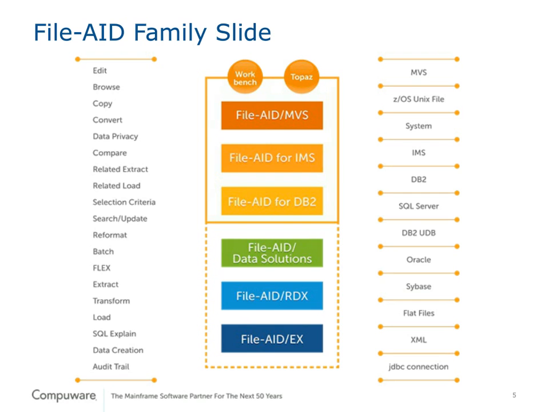Each of our products is really designed to act on specific data types. The first three in the list, File-AID MVS, File-AID for DB2, and File-AID for IMS, really provide the data manipulation functions. File-AID Data Solutions is used to selectively change data and provides an engine for data privacy. File-AID RDX extracts and loads related sets of data, and then File-AID EX extends that functionality to distributed data.